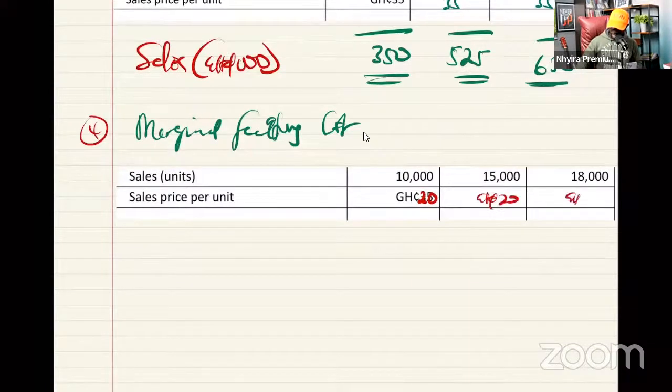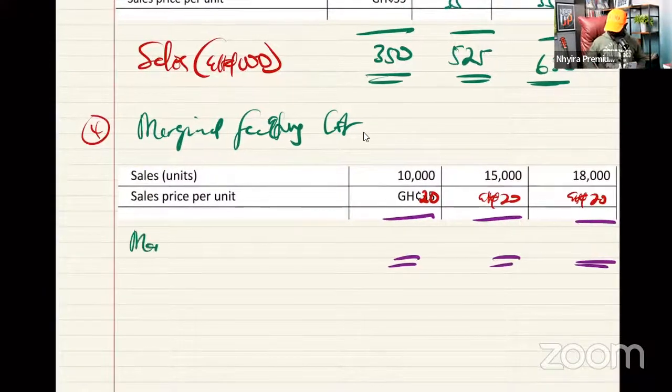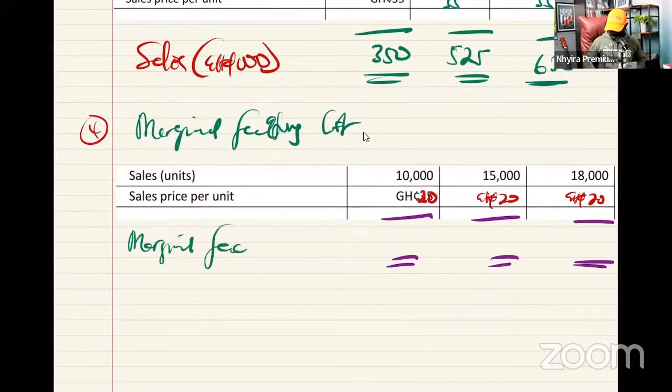Like I said, I'm using just the sales unit, so we are not going to do any opening or closing stock. So let's multiply up, and that gives us the marginal factory cost. And it helps you in the exam hall to save time.